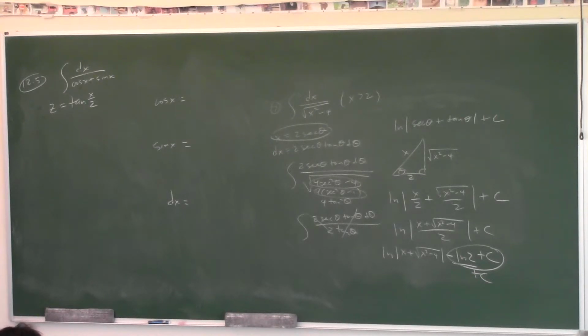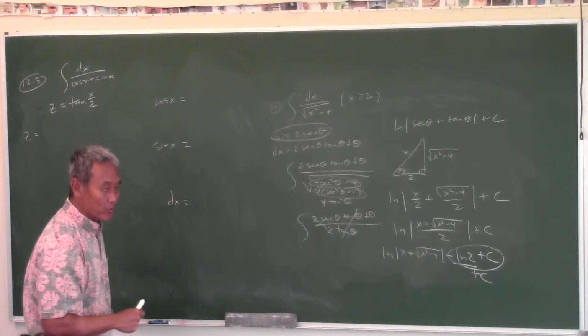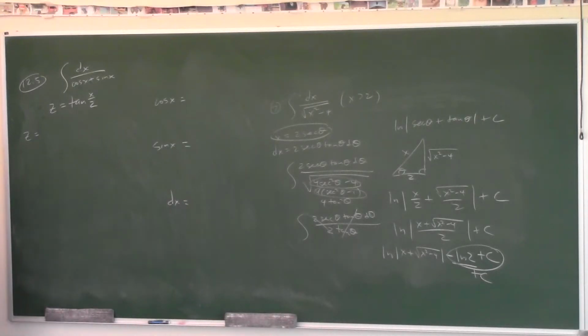Anybody? Okay, z is equal to tangent of x over 2. Now, for tangent of x over 2, there are 3 identities. Which one do you think I'm going to use here? You can use any one you want.